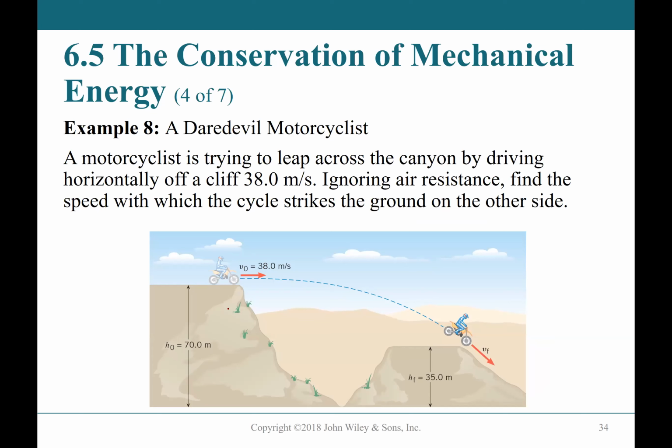Then we have the height, and then it says right here, ignoring air resistance, find the speed with which the cycle strikes the ground on the other side. So if you remember back before when we did this problem, this is a parabola, half of a parabola, and we had to solve this problem with many steps. But we're going to see here now how to solve it more easily.